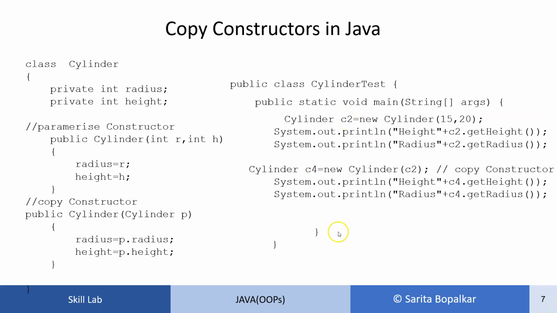So this is the copy constructor. You can check the values of C2 height and C2 radius and C4 height and radius. They will be the same because of the copy constructor. So check the syntax. In the brackets, instead of a regular parameter, we are creating a variable to receive the object. That's why in the brackets there is the name of the class and a variable. And while assigning, p.radius, p.height. So this is the copy constructor.